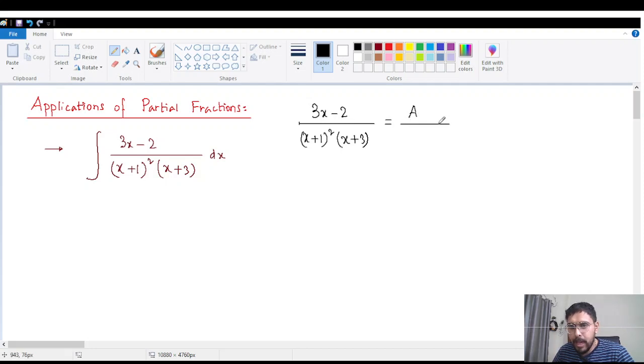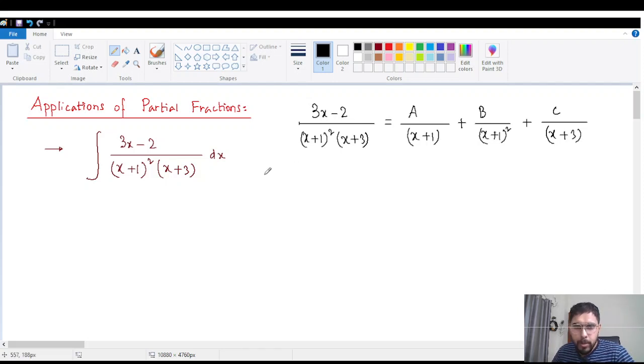We will start with A over x plus 1 plus B over x plus 1 whole square. That is how we write the partial fraction for equal factors. And then for this one, C over x plus 3. This is for the linear distinct factor.